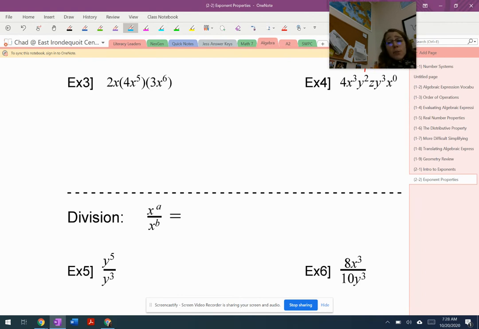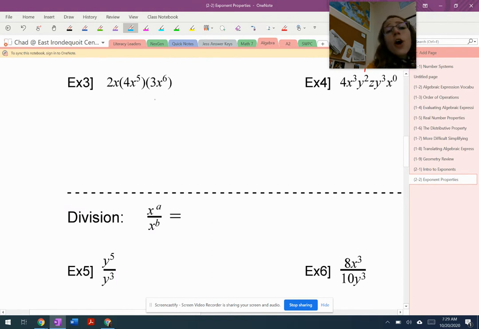All of those pieces could be moved around. And now notice when we're looking at this here, even though the 3x to the 6th is in parentheses, that exponent is still only being applied to the x. In order for it to be applied to the 3 and the x, it would have to be on the outside of those parentheses, which it is not. So that's going to play a huge difference here.